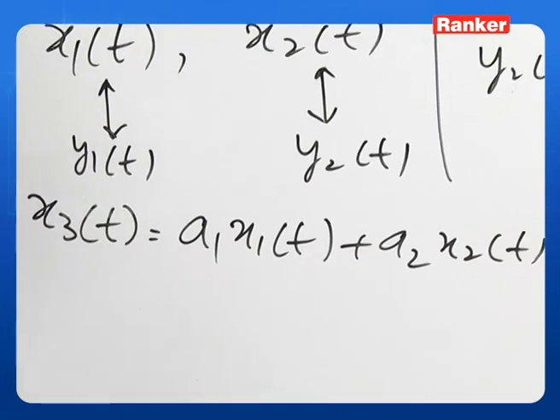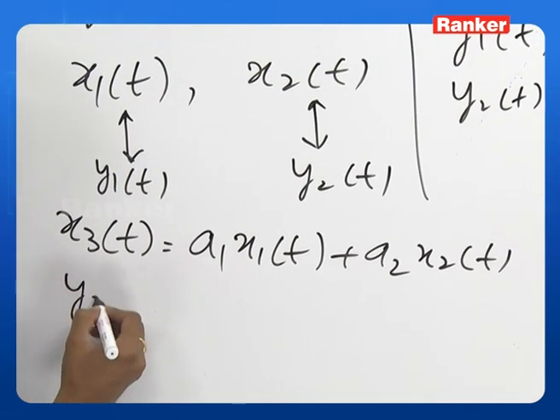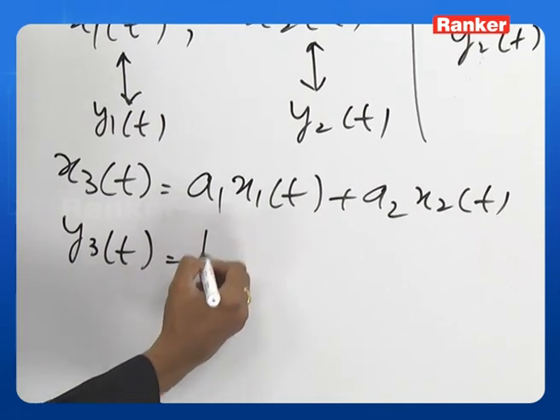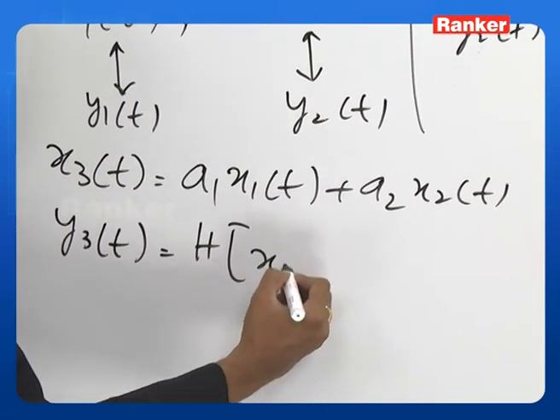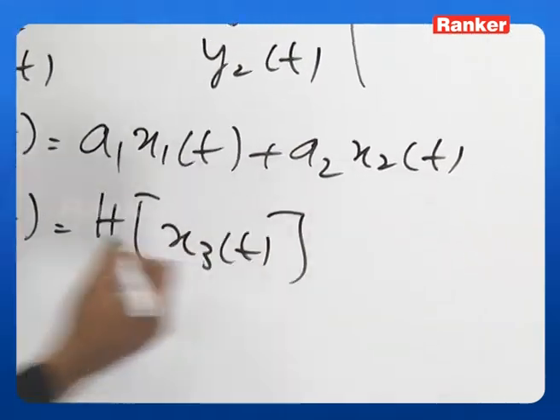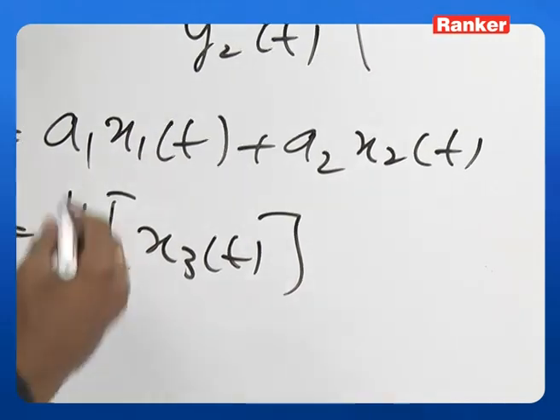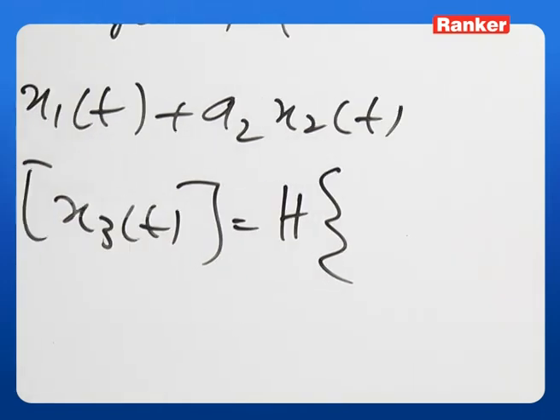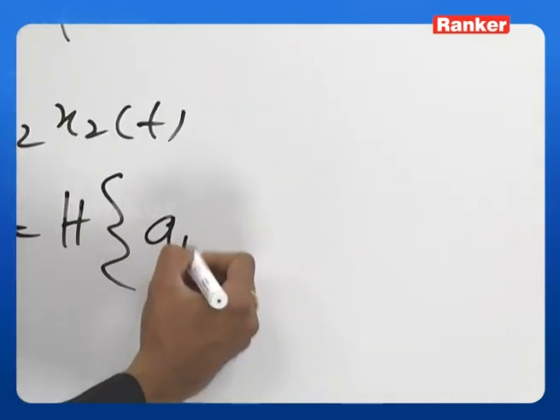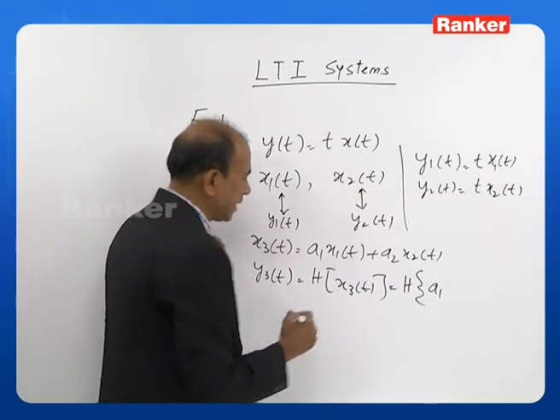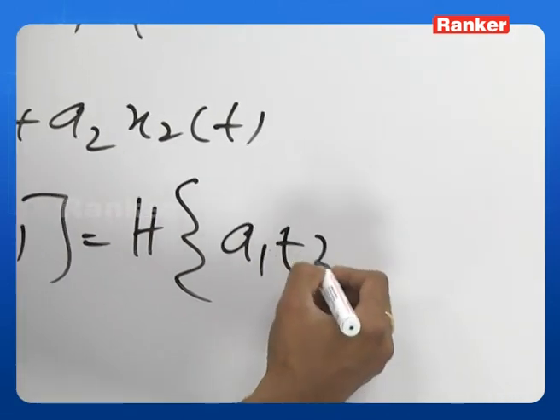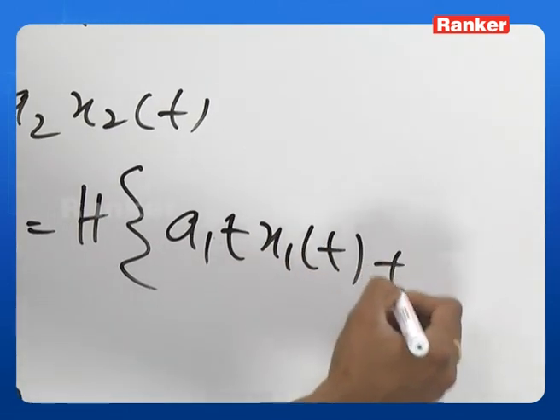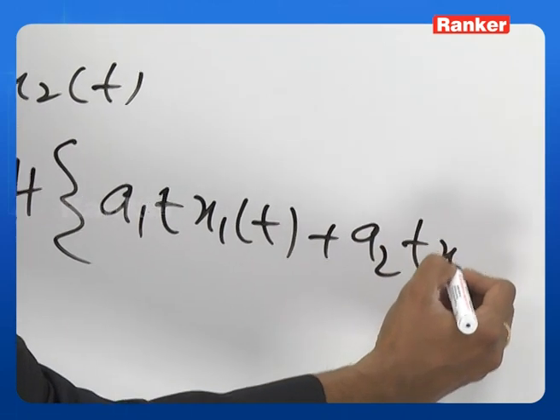So, what is y3 of t? y3 of t is nothing but the response of the system to x3 of t. That means I can expand this. So, that will be equal to h of x3, and this will be equal to a1 times t x1 of t plus a2 t x2 of t.